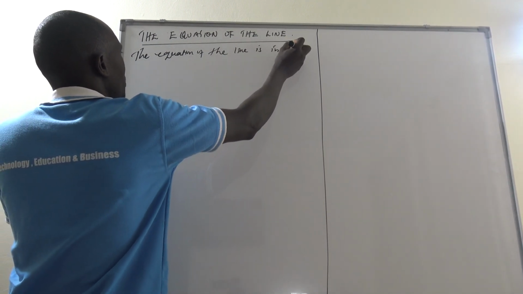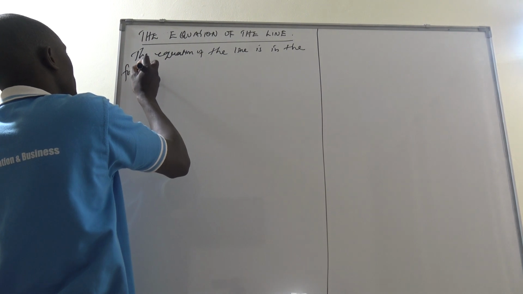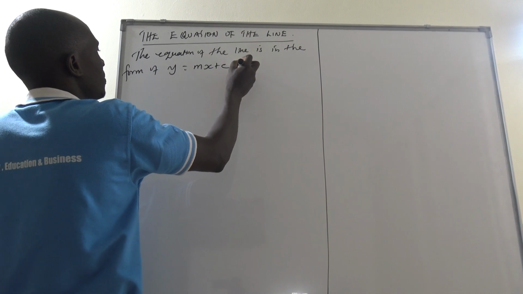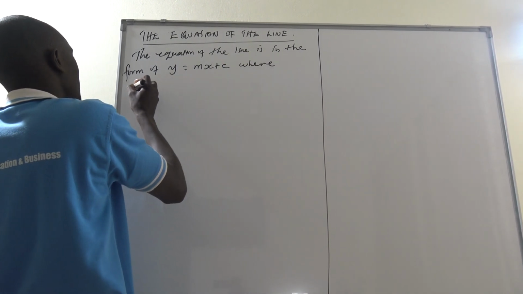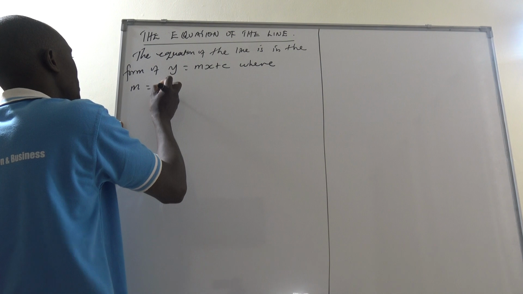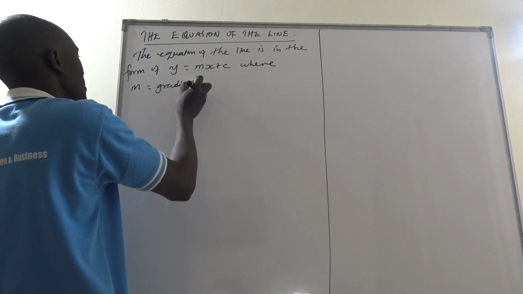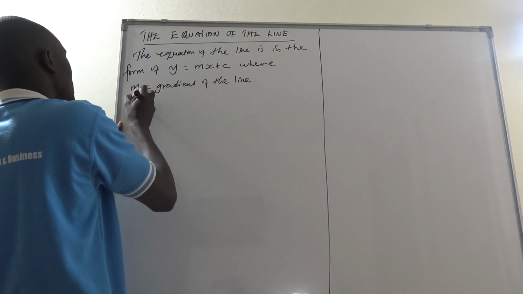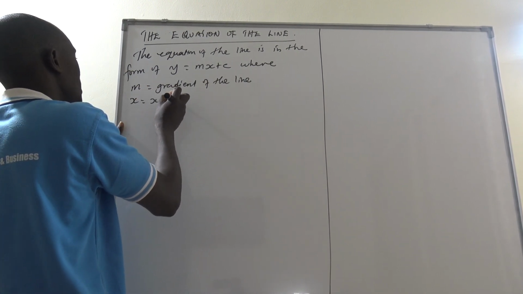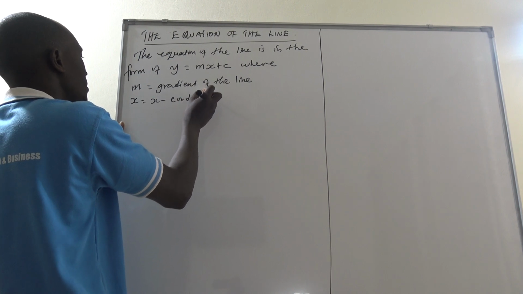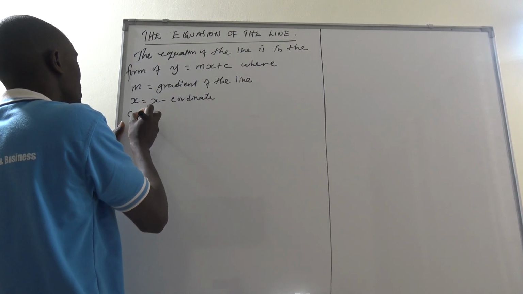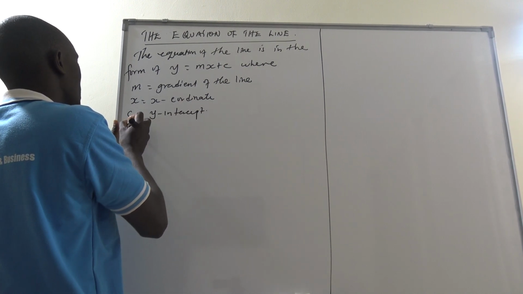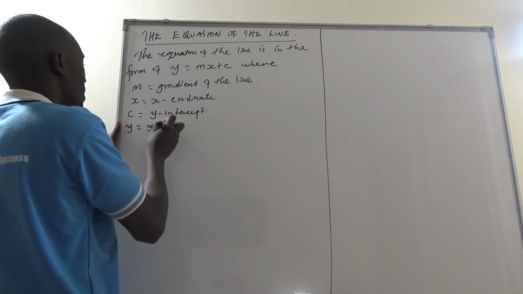is in the form of y equals mx plus c, where m equals the gradient of the line, x is the x coordinate of the Cartesian plane, c is the y-intercept, and the y is the y-coordinate.